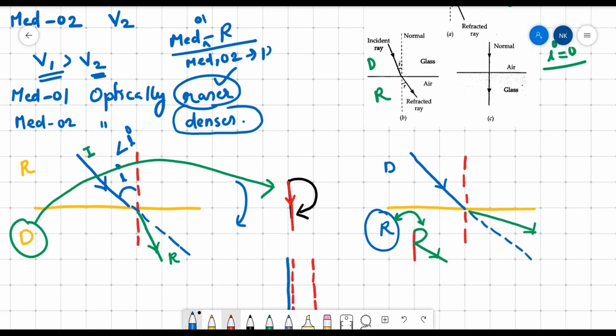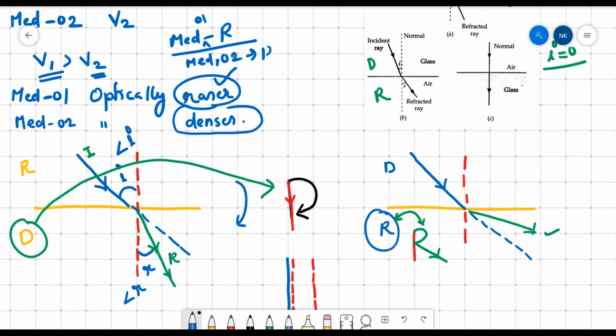And you can see that this is a refracted ray, and this was a normal. So the angle made by the refracted ray with respect to the normal, that is R, angle of refraction.